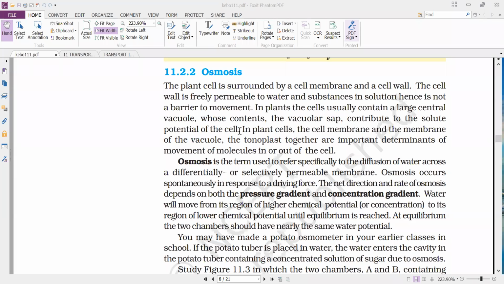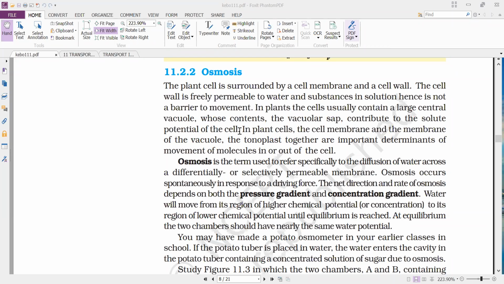The fluid that is present inside the vacuole, we call it vacuolar sap, which will contribute to the solute potential of the cell.